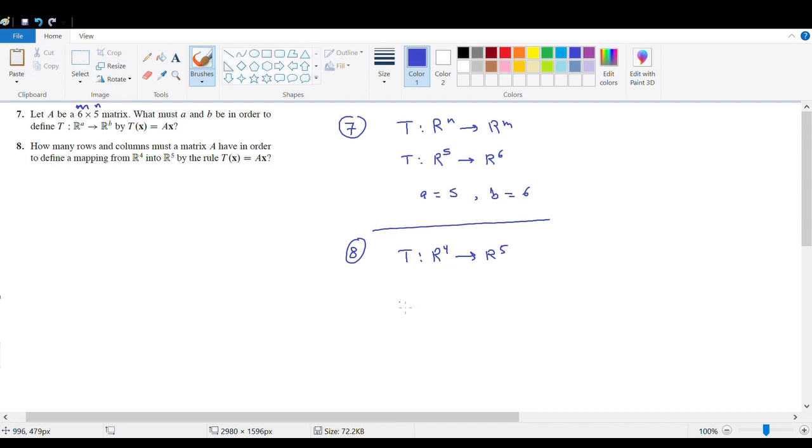So the matrix A is m by n. It has 4 columns and 5 rows, so it will be 5 by 4. So our matrix should be 5 by 4.